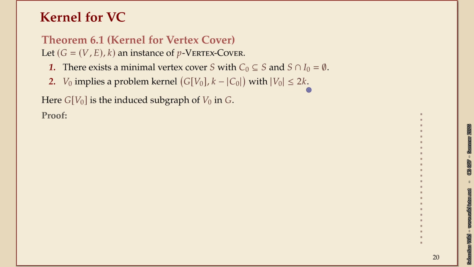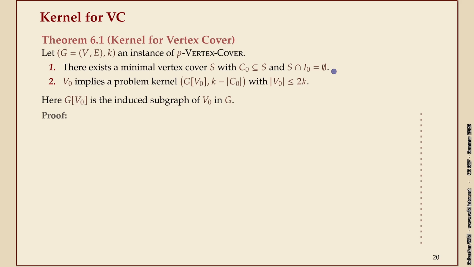And you can bound the number of vertices that are in V0. And so if you take a step back, like what have we done? We take our vertex cover problem, we write it as an ILP and take the relaxation. So far, so standard. And now we get some optimal solution back, and we can just, from the optimal solution, learn a lot about potential optimal vertex covers, and in particular, how big an optimal vertex cover is.